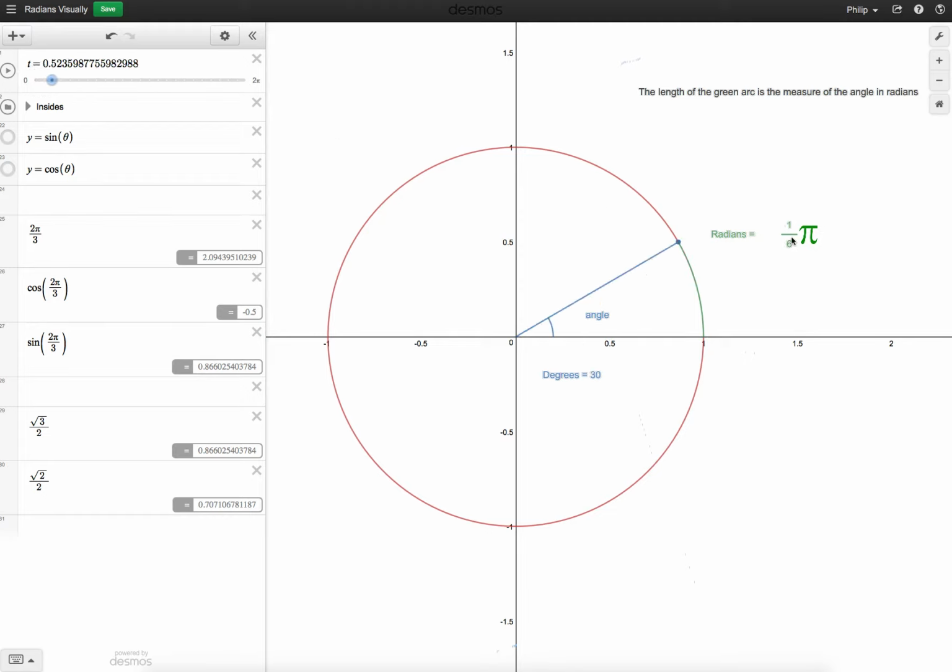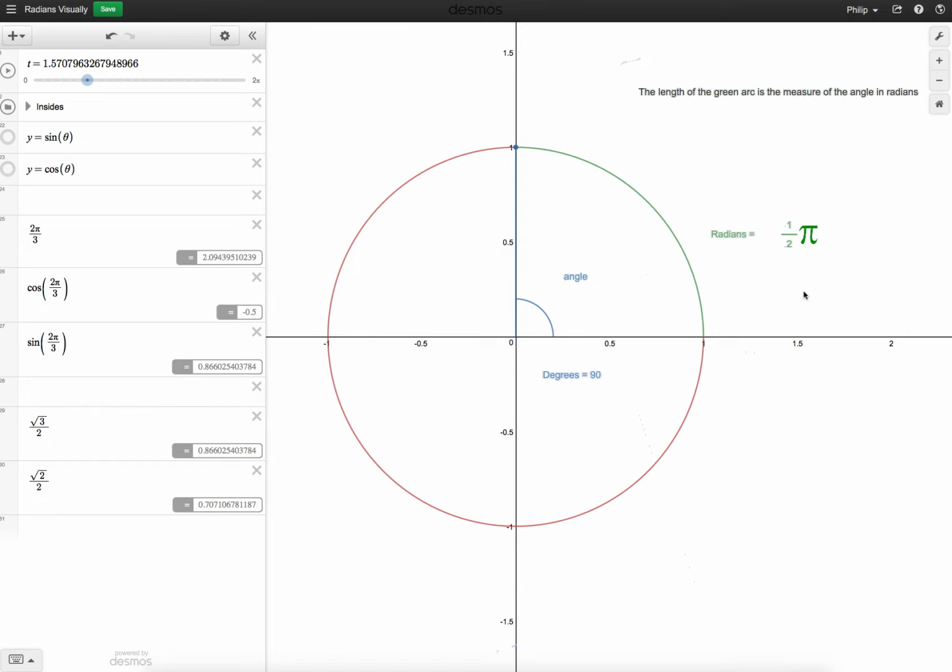Pi over 6 is one of our learning angles. So we're going to want to know these coordinates. Pi over 4 is one of our learning angles. Pi over 3 is one of our learning angles. And then the last one is pi over 2. So sometimes if you're reading in other books, they call these special angles or reference angles.